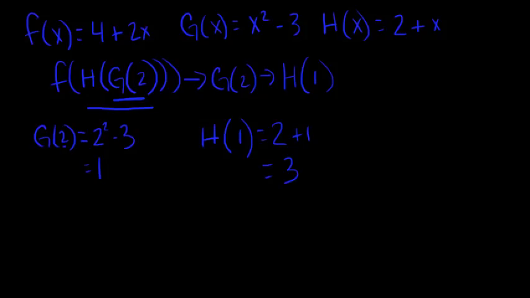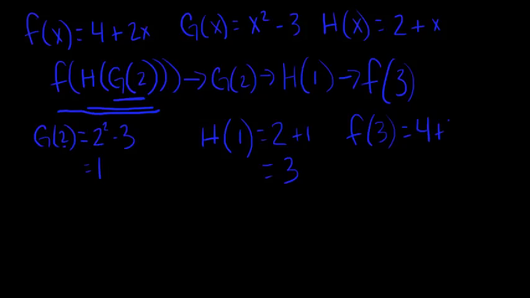So now we need to find the f of h of g of 2. So the h of g of 2 was 3. So we'll plug in f of 3 is equal to 4 plus 2 times x, so it would be times 3.